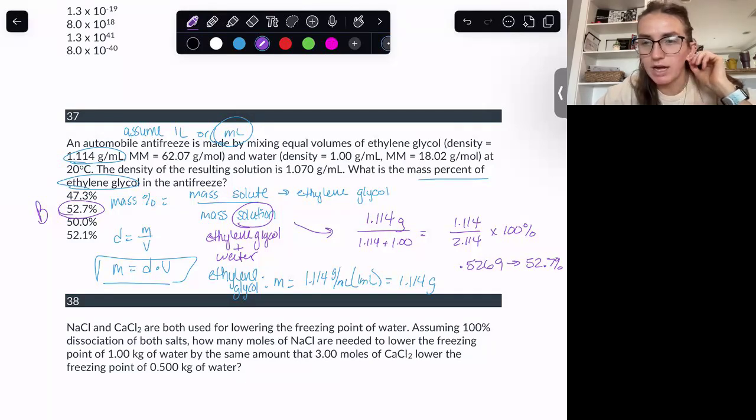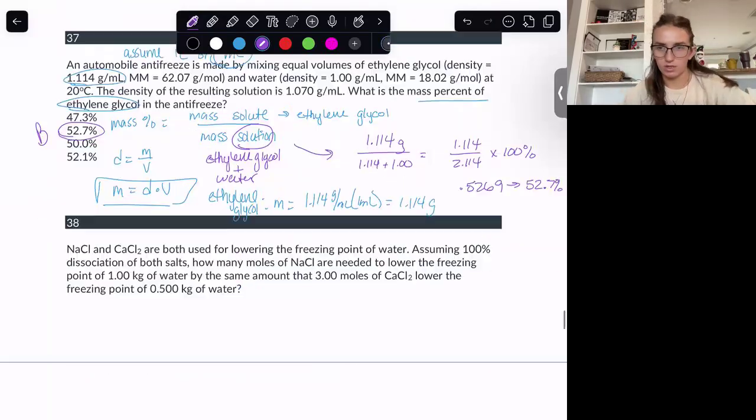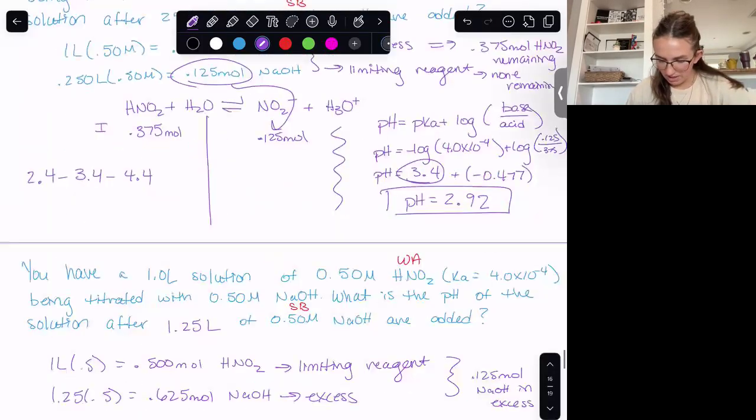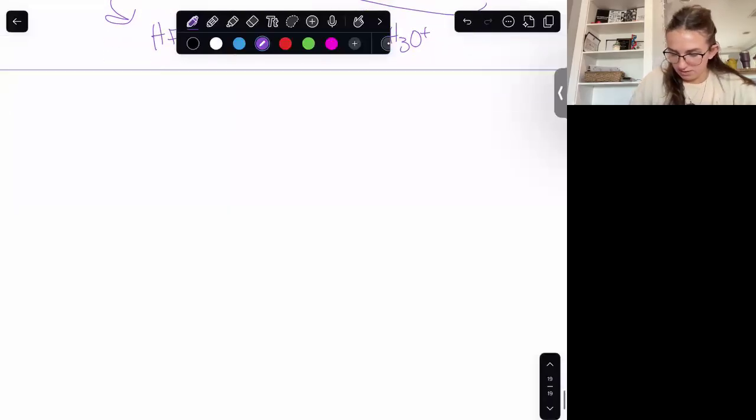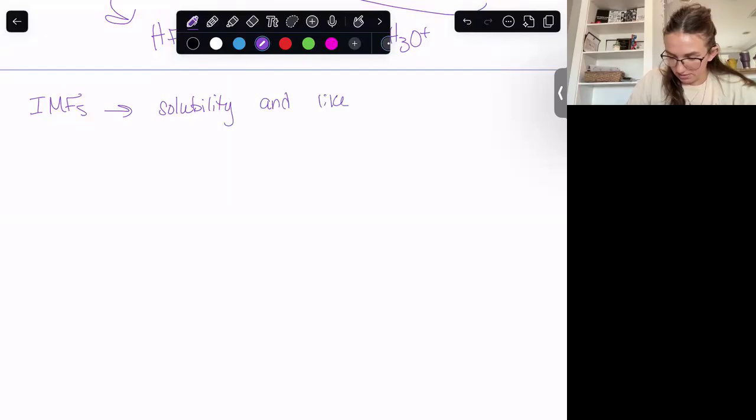What else is going on? Okay, so stuff from the beginning of the year about intermolecular forces. So when we look at intermolecular forces, what we just really need to know is solubility of these, and like dissolves like.